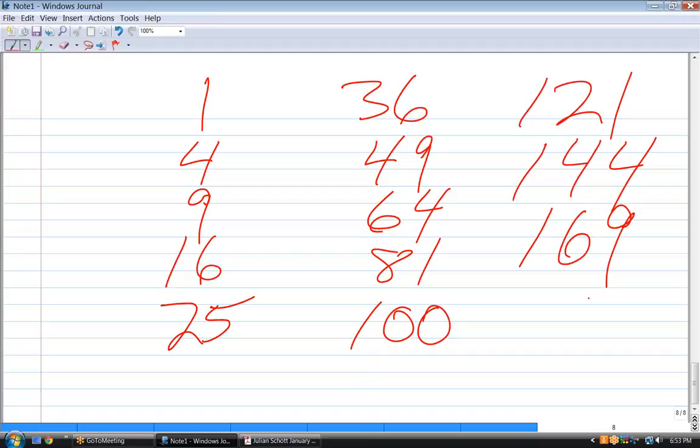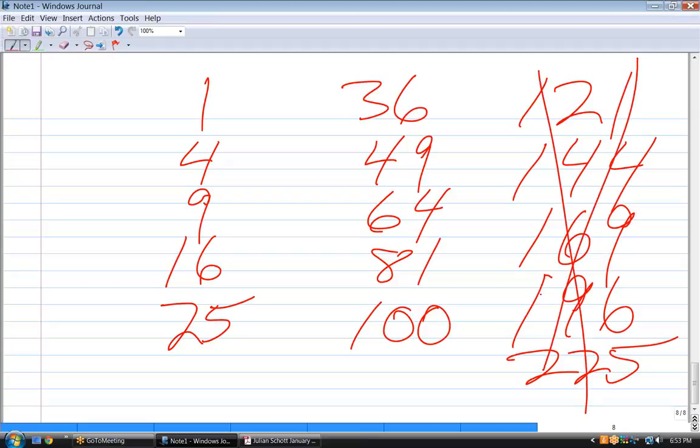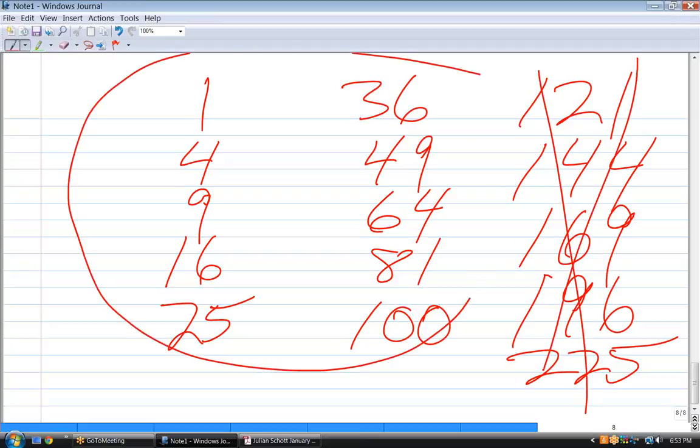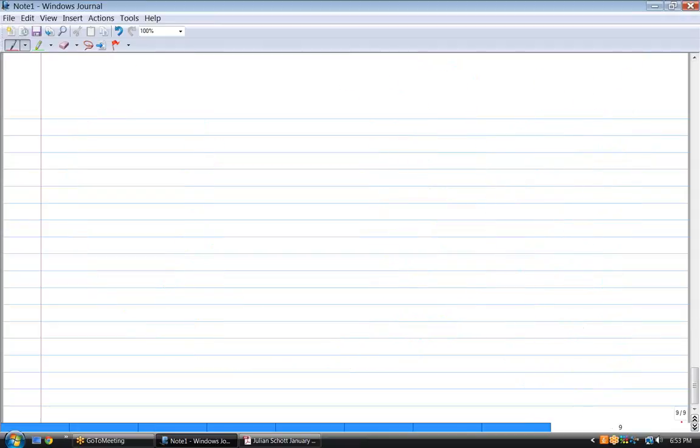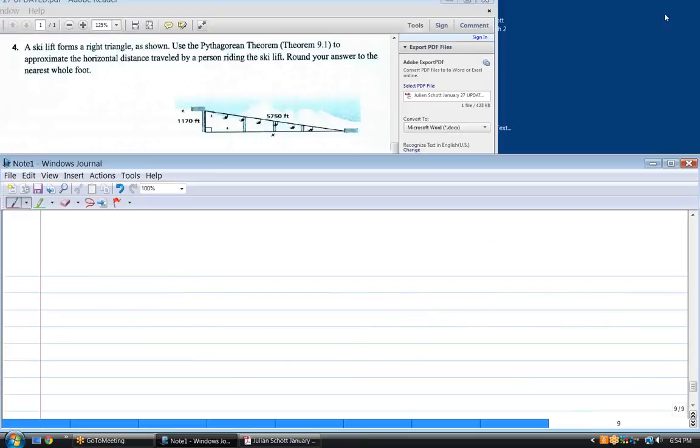I don't know what 14 squared is. I think it's 196. 15 squared is 225, and that's as far as I know. So these 5, you don't need to memorize those. You do want to know those 10 right there. That's just something in mathematics that you want to know.